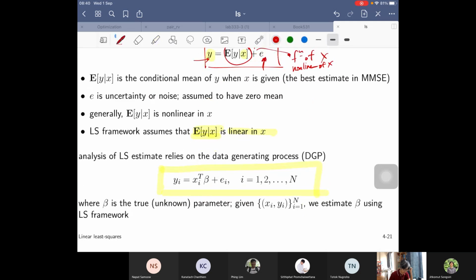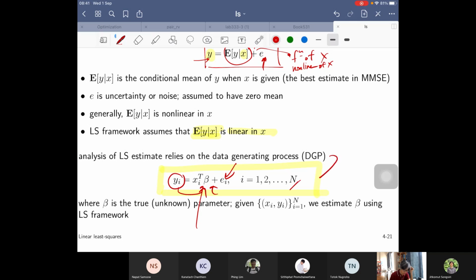You have assumed that your y is actually a linear function in x, but because there's some noise, some uncertainty, e_i, corrupting the observation, that makes y_i random, and that's why you need to perform an estimation in order to estimate beta. N, big N, is the number of samples.